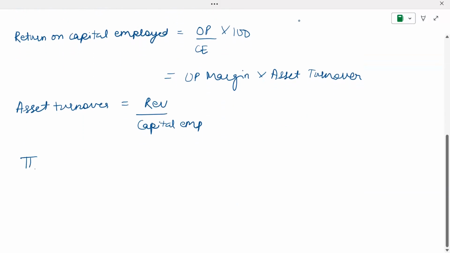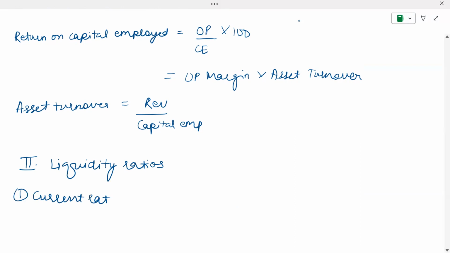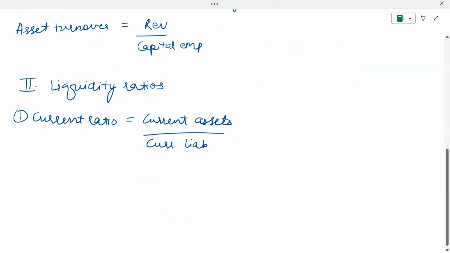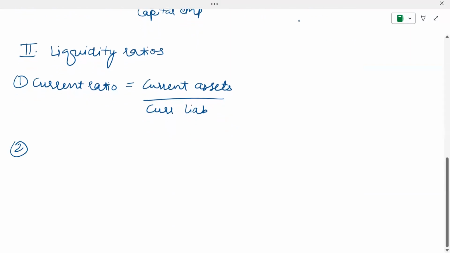Now let's move on to the second category of ratios, which is liquidity ratios. Talking about liquidity ratios, first of all, we discuss the current ratio. Current ratio is nothing but current assets divided by current liabilities. So this is how you find out the current ratio. Then the second formula is your quick ratio.